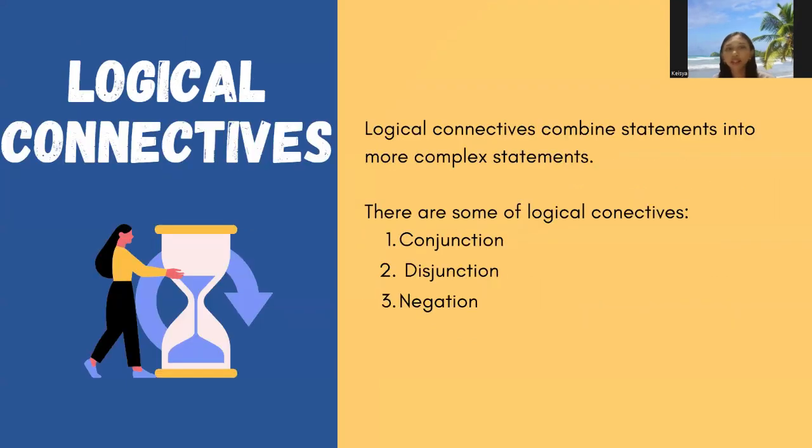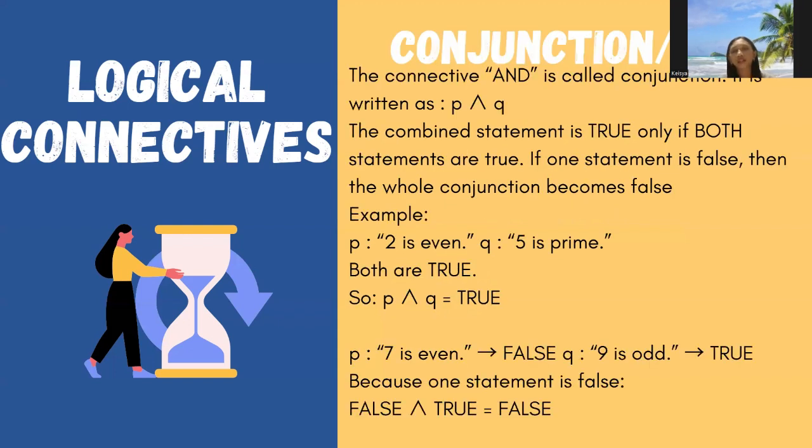Okay, the next one, we will learn about logical connectives. Logical connectives combine statements into more complex statements. There are some logical connectives: conjunction or "and", disjunction or "or", and negation or "not". The first one is conjunction.